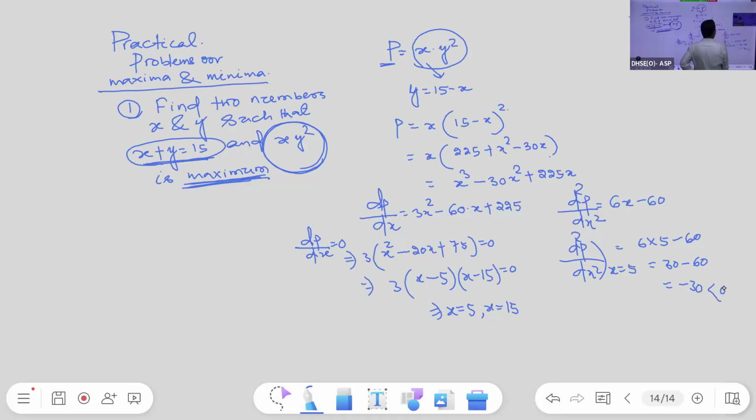The second derivative being less than 0 means x is equal to 5 is a local maximum point. So the maximum value is obtained when x is equal to 5.